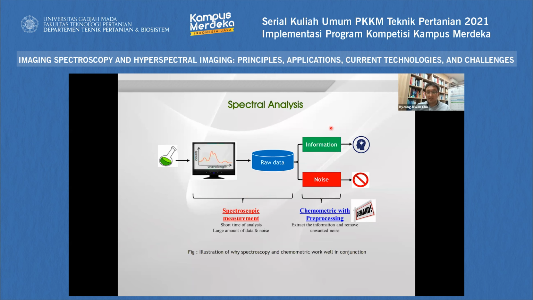That is modeling. Noise reduction is pre-treatment, I mean pre-processing. Using chemometrics, which is a kind of modeling. So we need pre-processing and modeling.